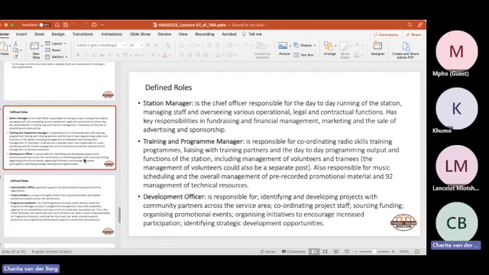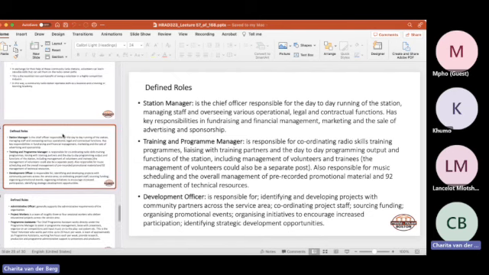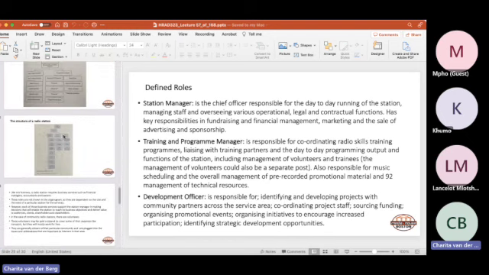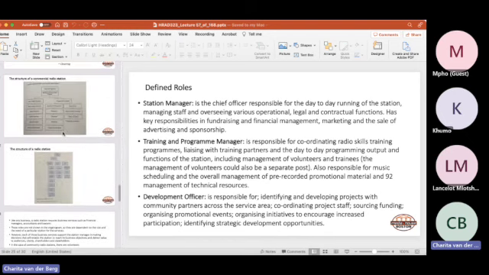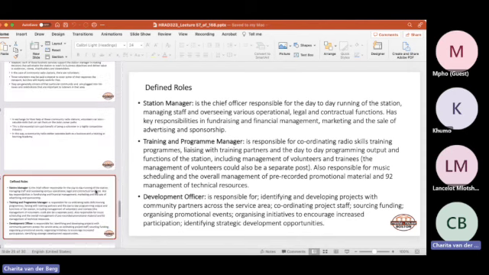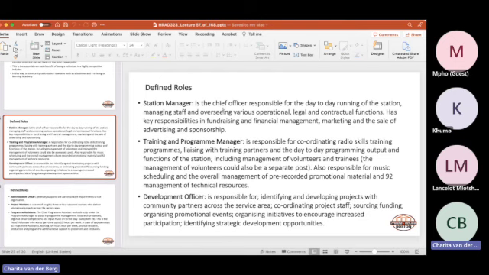Just quickly again, the defined roles, we have gone through them, just want to make sure. In South Africa, we have a station manager. They might be called station manager, or managing director, or station director, whatever it is. Day-to-day operations of the station, anything day-to-day, responsibilities in financial management, marketing, and in sales and advertising and sponsorship.